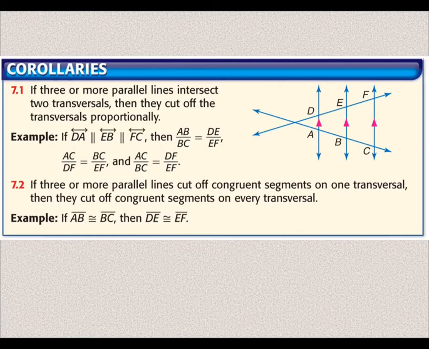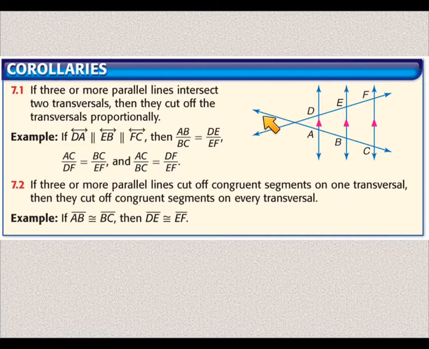The last two corollaries here that are on your postulate sheet say if you have 3 parallel lines and they intersect 2 transversals, so here's my 3 parallel lines. Remember, a transversal is just a line that cuts 2 or more other lines. So 3 parallel lines here cut these 2 transversals.